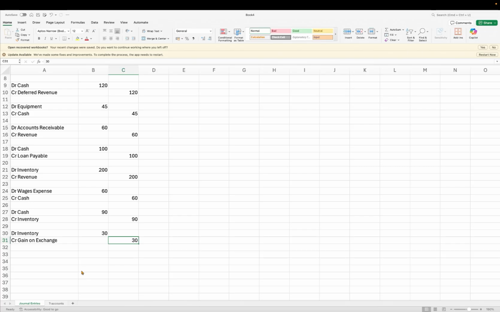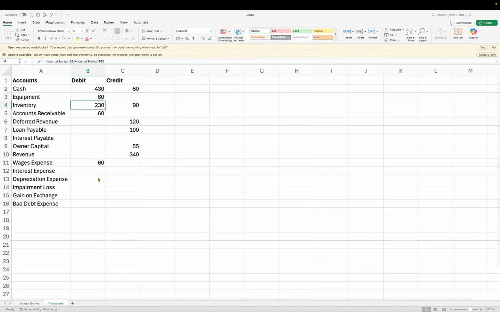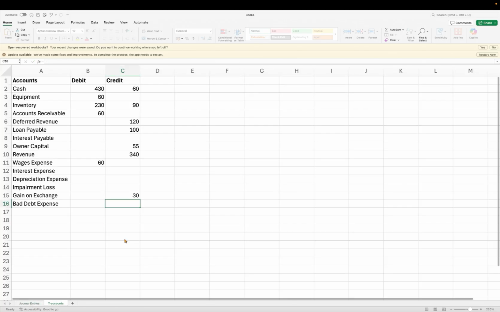So if it's of 0 value, what do we do? We go to the appropriate cell, gain on exchange, on credit. And we, as always, put in the same numbers.